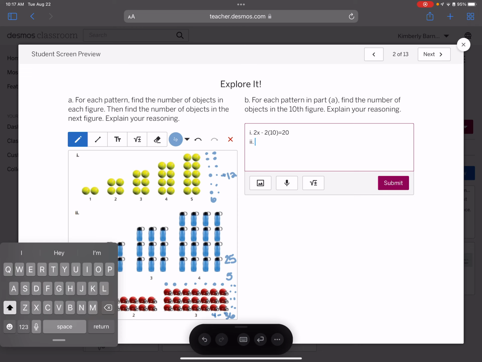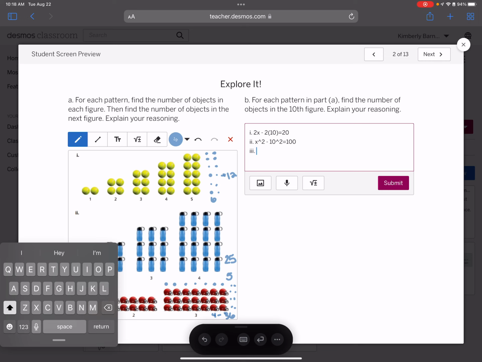All right, in part 2, I noticed that I have square numbers, which means I have each position squared. So in the 10th position, I've got 10 squared, which equals 100. And then finally, in the third image, it's a little more difficult to see.